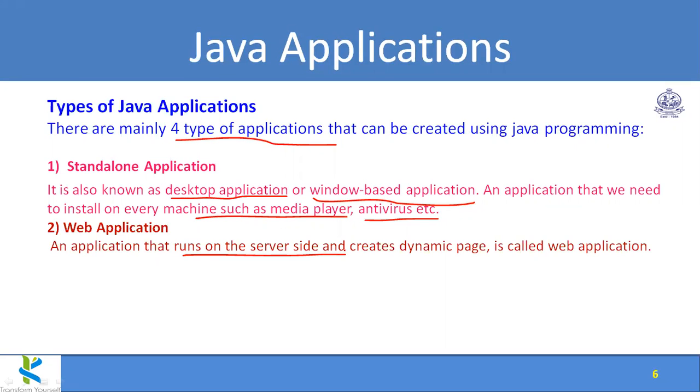Maybe the interfacing app you will install on your mobile. But when you use a desktop or laptop, we are not installing anything. Simply through the browser, we are accessing those applications. So those are called web applications.